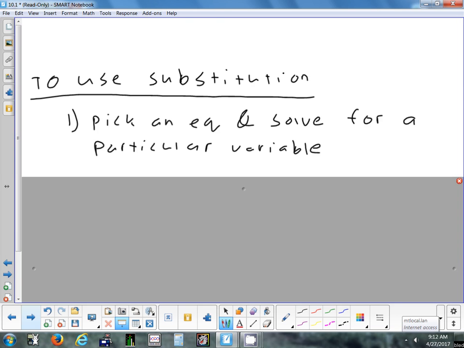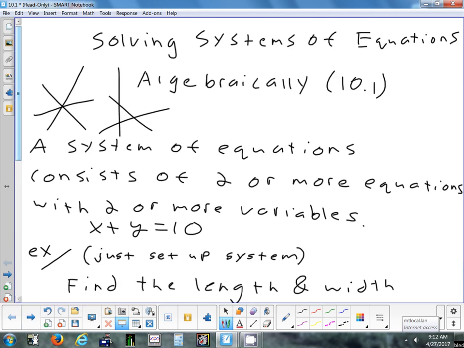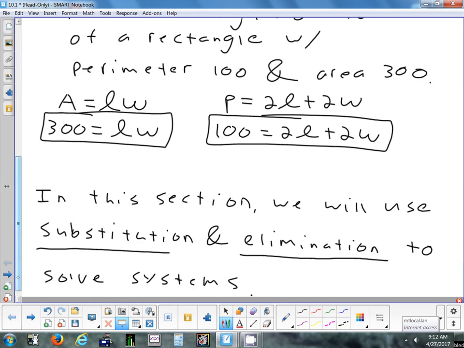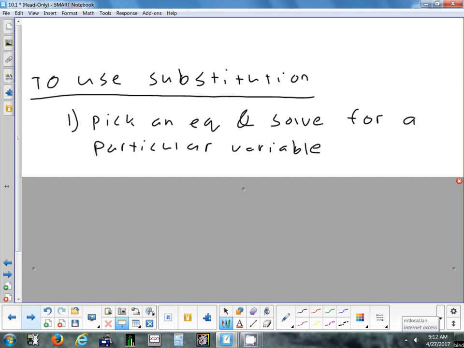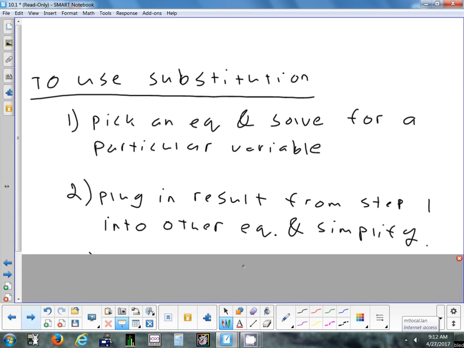And you have 4 choices. You could pick the first equation and solve it for L, pick the first equation and solve it for W, or do the same thing in the second one. Usually you do whichever one is easier. Then you plug that into the other equation. So take what you did in step 1, plug that into the other equation, simplify it.